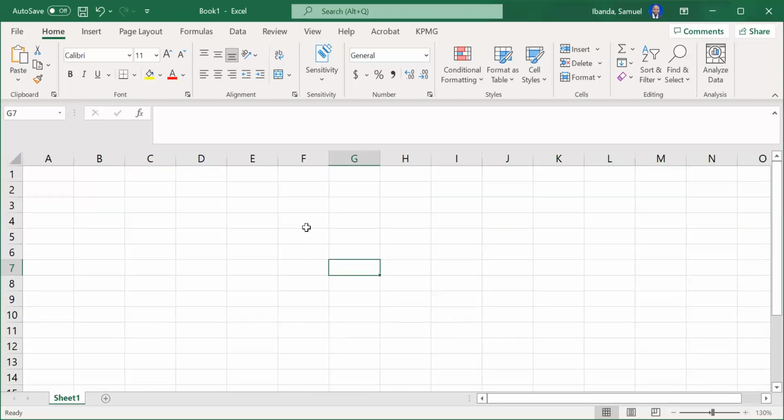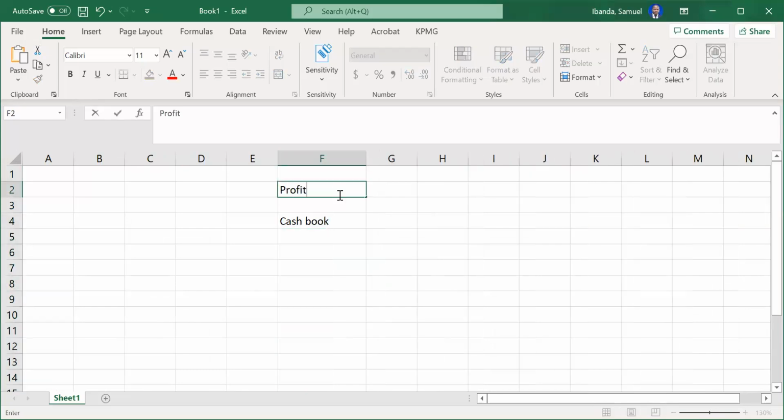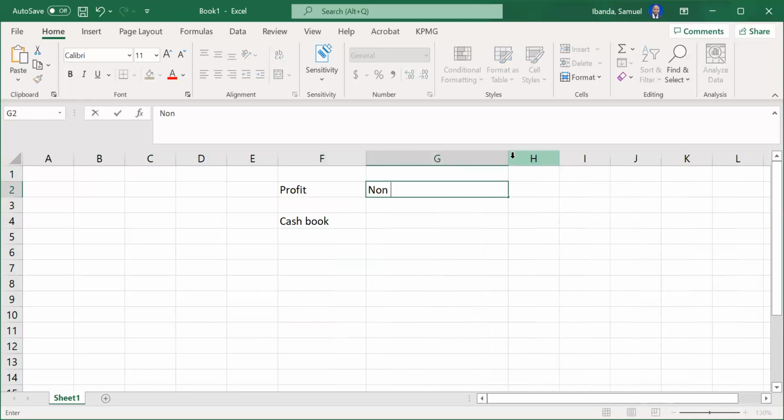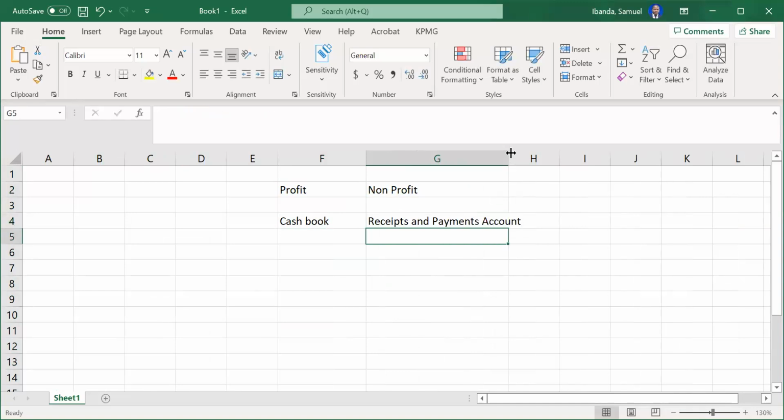Now, a cash book is usually for profit entities. For non-for-profit, we usually call it a receipts and payments account.